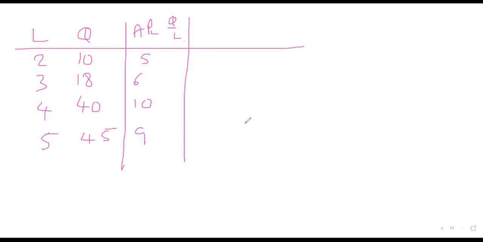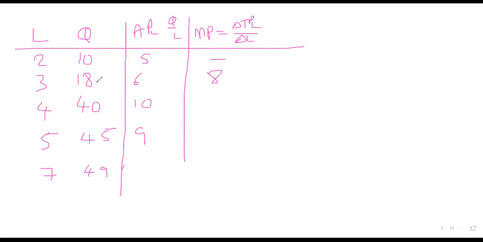Then how do we find the marginal product of labor? Change in total product of labor over change in labor units. So the first one is a dash. Then 18 minus 10 is 8, divided by 1, put 8.